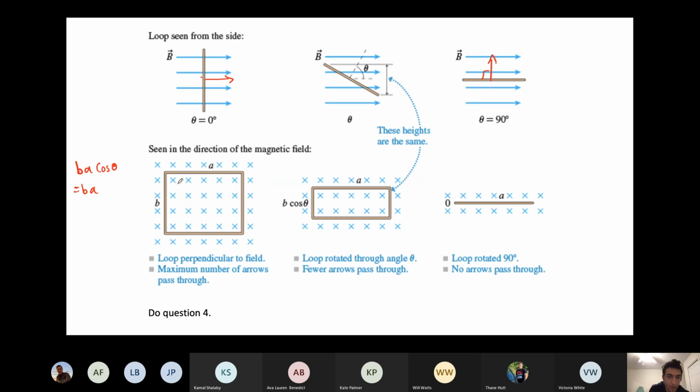If I start putting double the flux that's already there, this will equal big Phi, capital Phi.